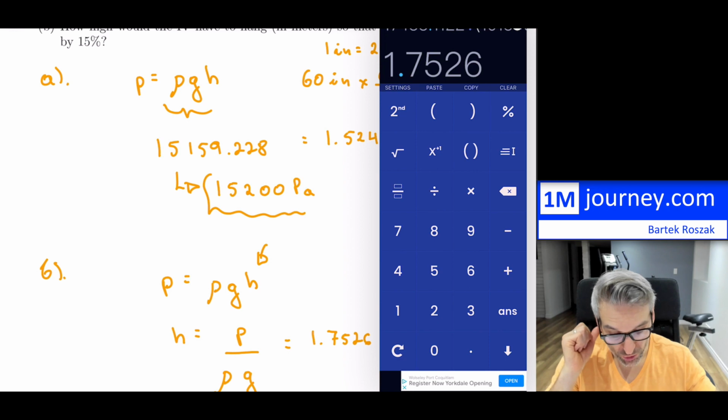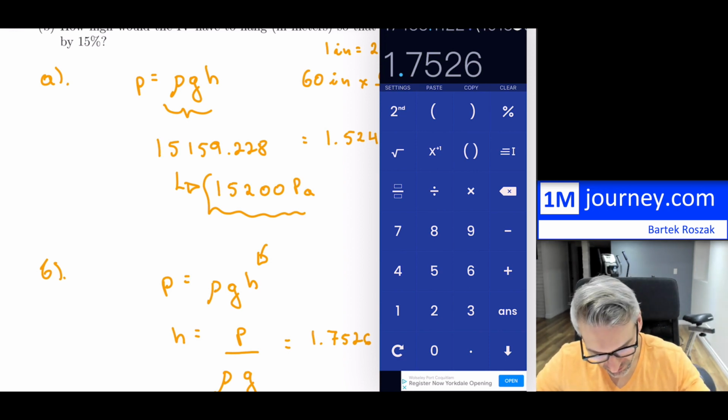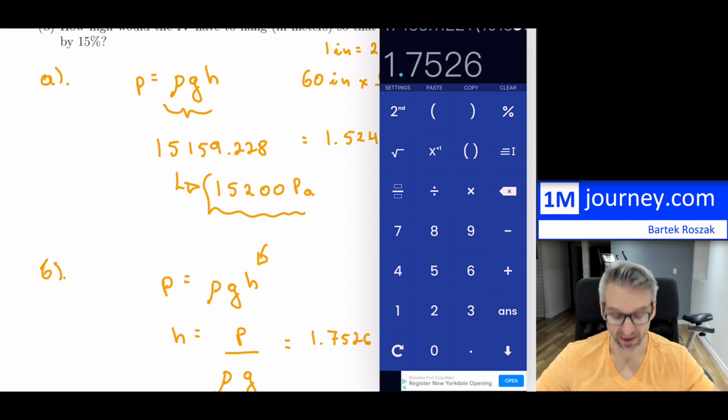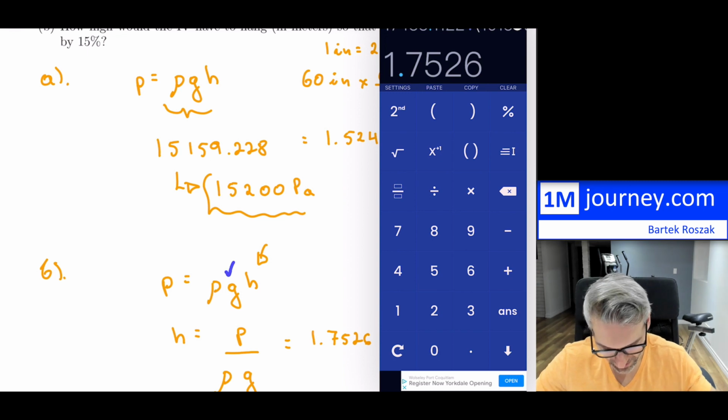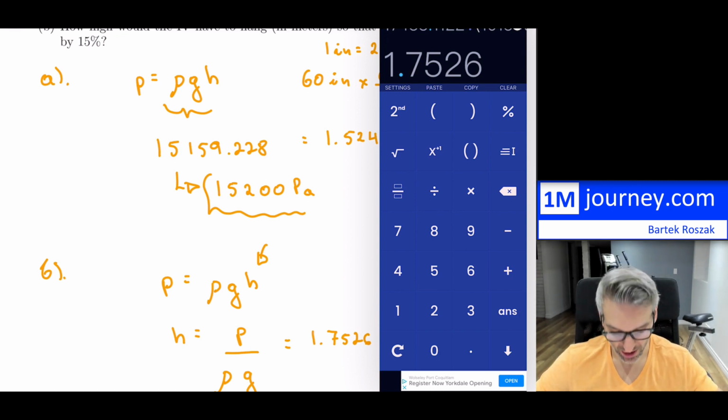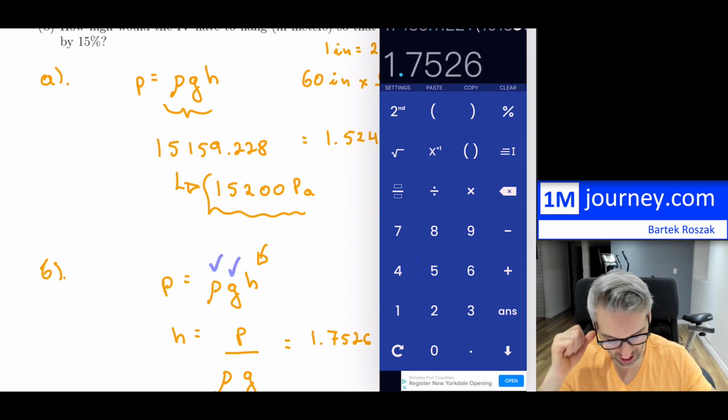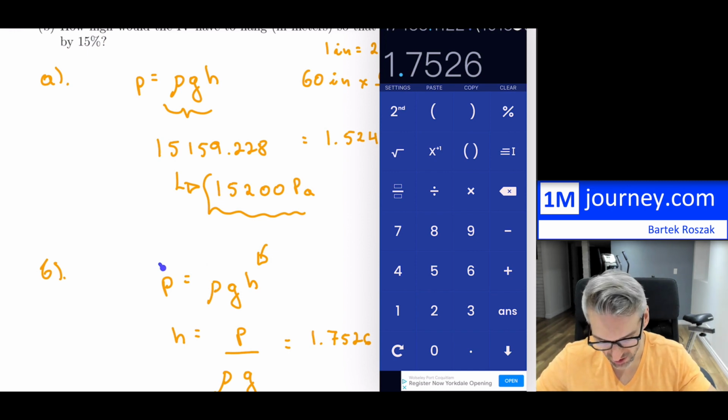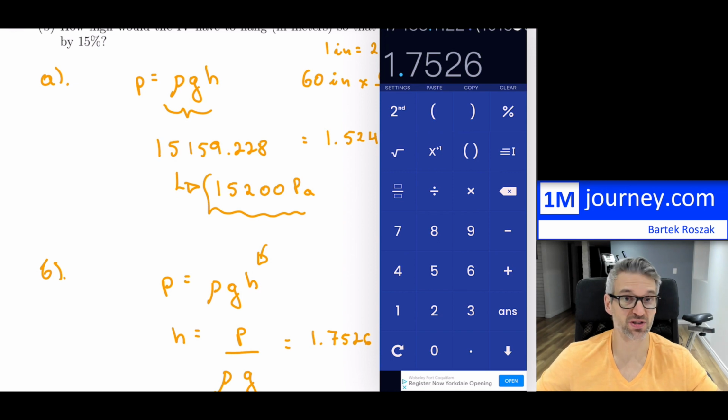Now, you don't have to do this, because if you look at the equation, if you want to increase this by 15%, the pressure is proportional to your height, and your density doesn't change. Your medication stays the same, and gravity obviously will not change. So these are constant. If you want the pressure increased by 15%, just increase the height by 15% and you're going to get the same exact answer.